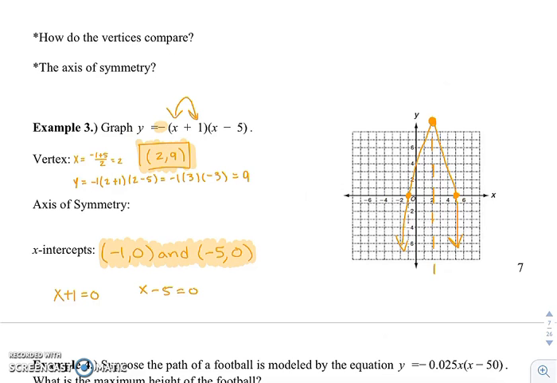So it makes sense that my vertex is a maximum at that (2, 9) value. And then where is the axis of symmetry? Always through that x value of your vertex. So if you found the vertex, you know the axis of symmetry. It's through that x value of 2.